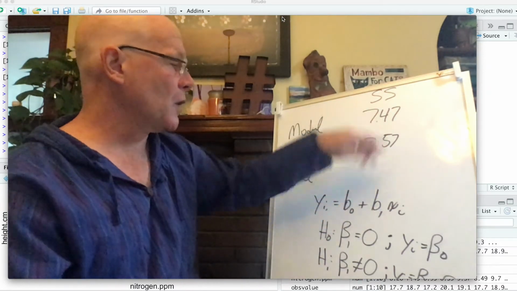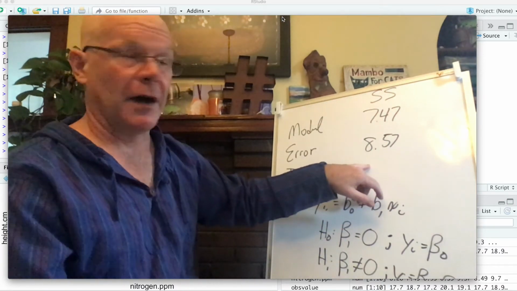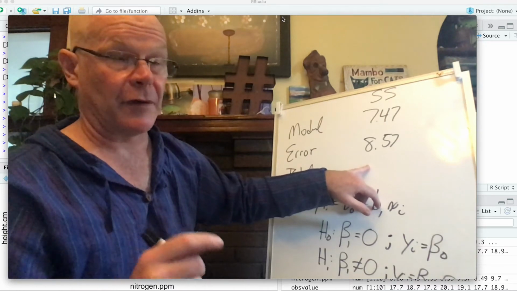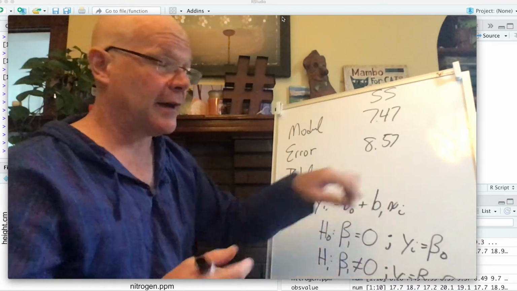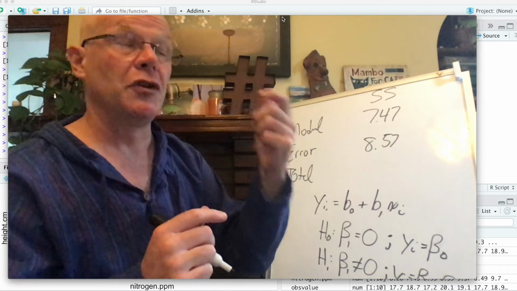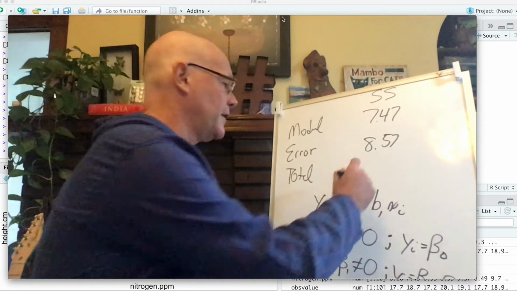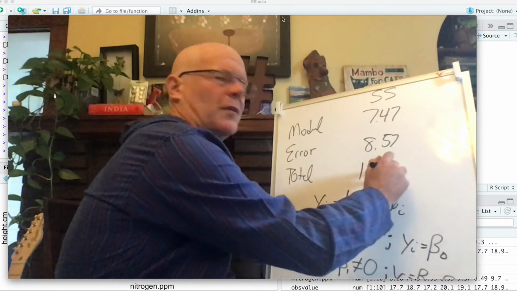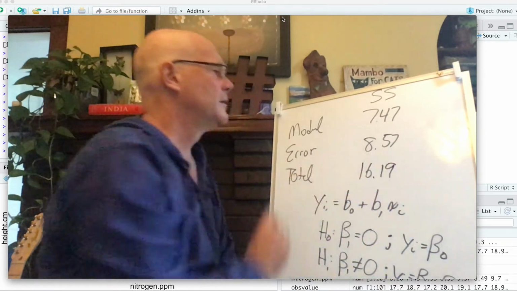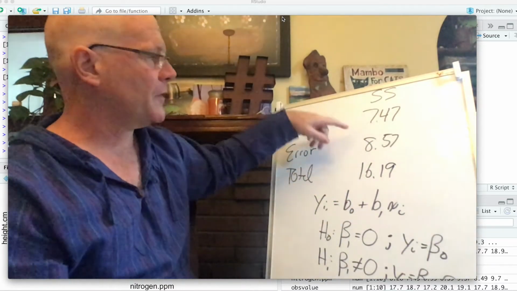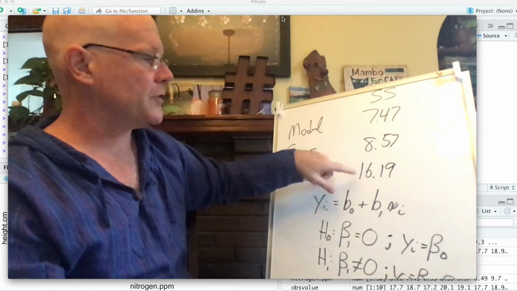And then we had the total sums of squares, which was the deviations of our observed values from the mean. And that is simply the numerator of the calculation of variance. And in our case here, it was 16.1, what was it, 19, right? And yes, there's rounding problems here, but in principle, that plus that should equal that.